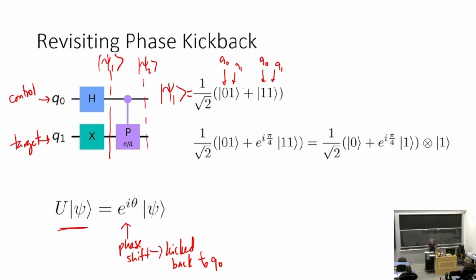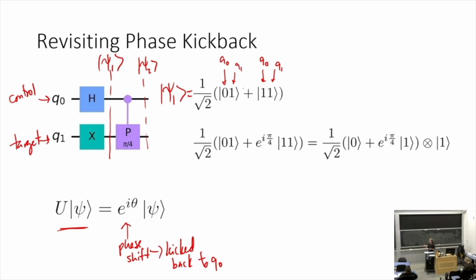So this kind of gets to what we were talking about earlier. The phase gate was applied to the state |11⟩, but it only adds a phase to the control qubit. So we can separate out the target qubit from this quantum state.